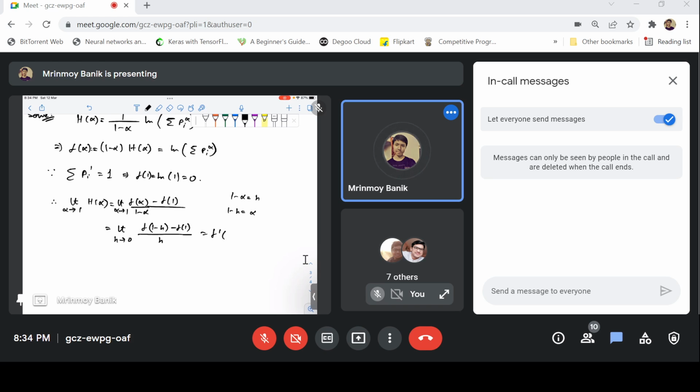So this is f dash 1. And since this function is already differentiable, f dash 1 is the derivative of pi power 1, which is pi ln pi.